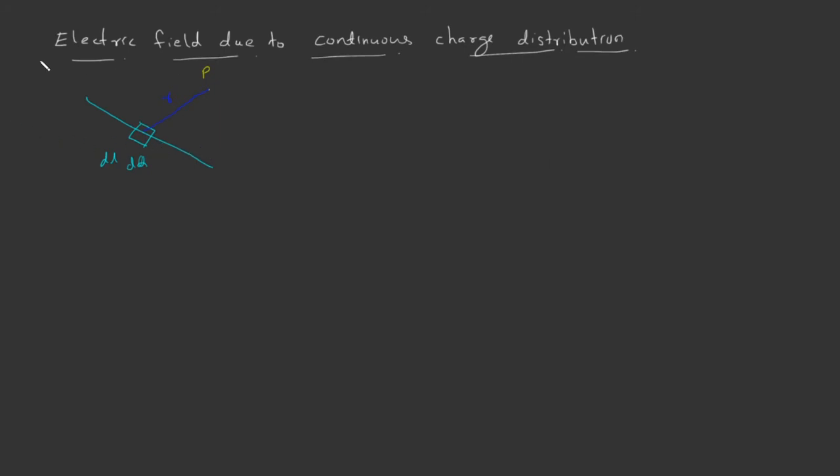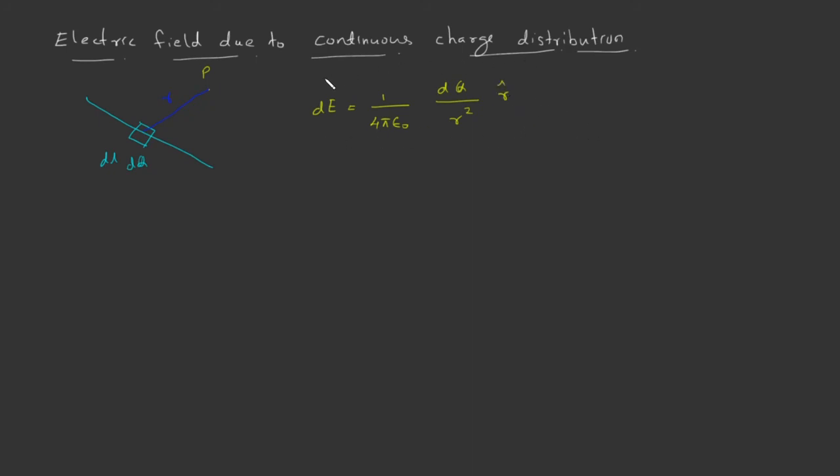So in that case we can write dE, that is the electric field at point P due to this small element dl, is equal to 1 by 4 pi epsilon 0 into dq divided by r square into r cap.